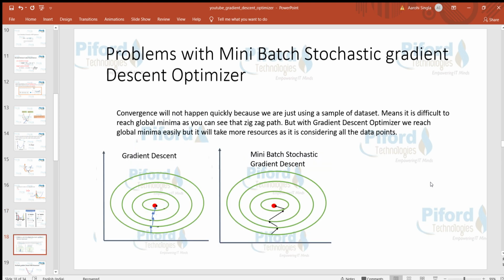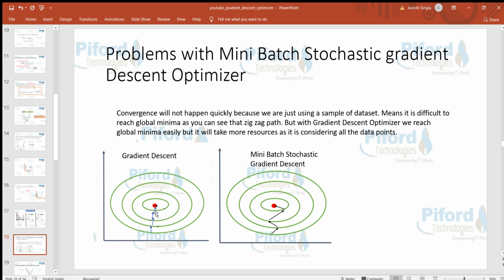Now, let's talk about the problem which we can face in every different optimizer. Today we have studied three different types of optimizer: gradient descent optimizer, stochastic gradient descent optimizer, and mini batch stochastic gradient descent optimizer. See, this first picture is of the gradient descent optimizer. You can see over here that our weight is updating very nicely.